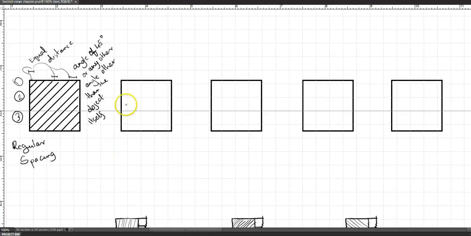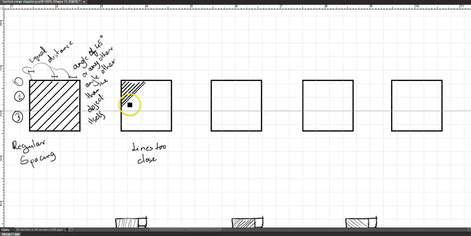The second one is lines too close. So if I am trying to hatch this, I cannot have lines that are really too close to each other. Now what happens if I have lines that are really close to each other? Sometimes the lines might overlap and it might look something like that.